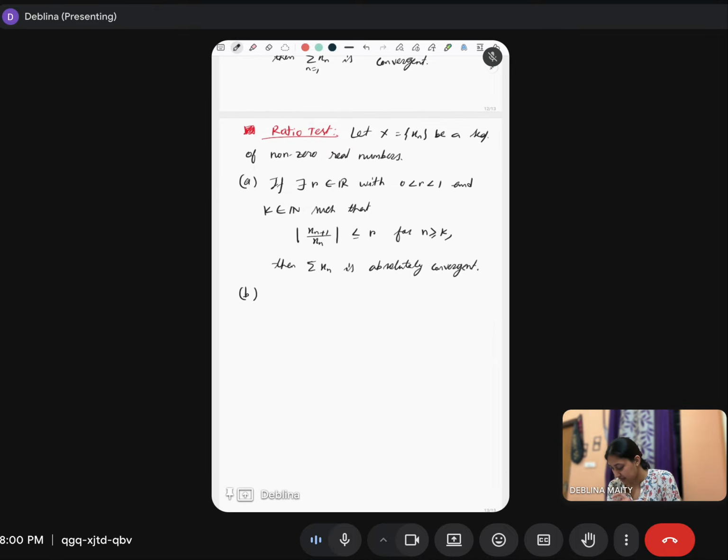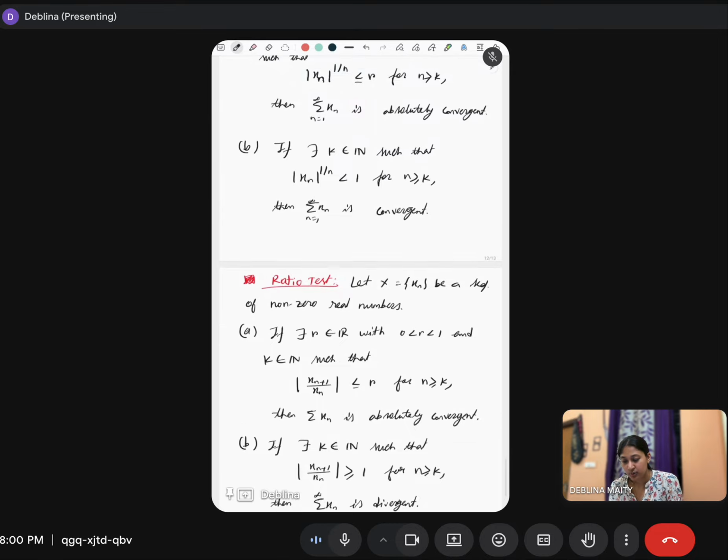And the second one says, if there exists k, a natural number, such that this ratio xn plus 1 by xn is greater than or equal to 1 for n greater than or equal to k, then this series summation xn is divergent, right?